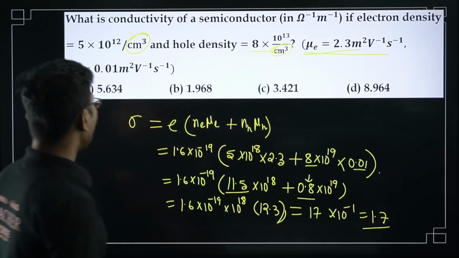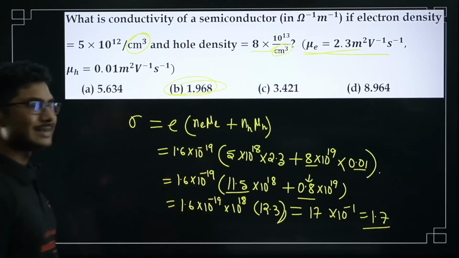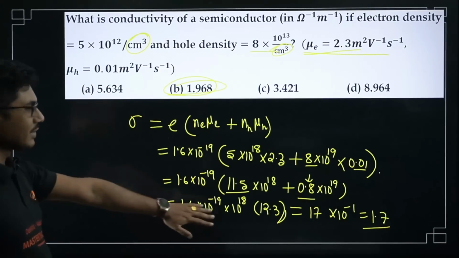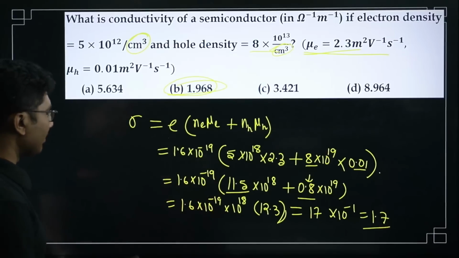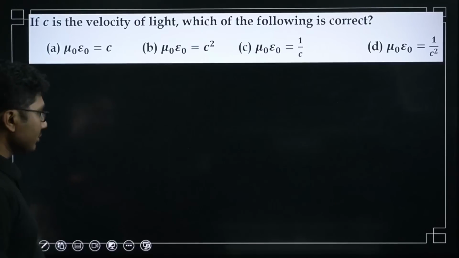So it will be approximately 1.7. So you can see the correct answer will be 1.968. Okay. If you use the calculator and exact values, you will get much better answer than whatever I have done, mine. I have approximated it.